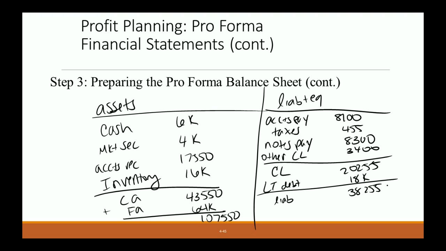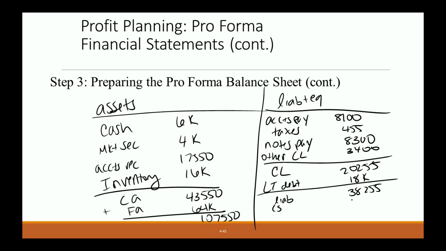Our retained earnings does increase by the amount in our pro forma income statement, which is assumption number 7. And so that gives us a total liability and equity of $97,582, which is different from our total assets by $9,968. And so we would have to have external financing.